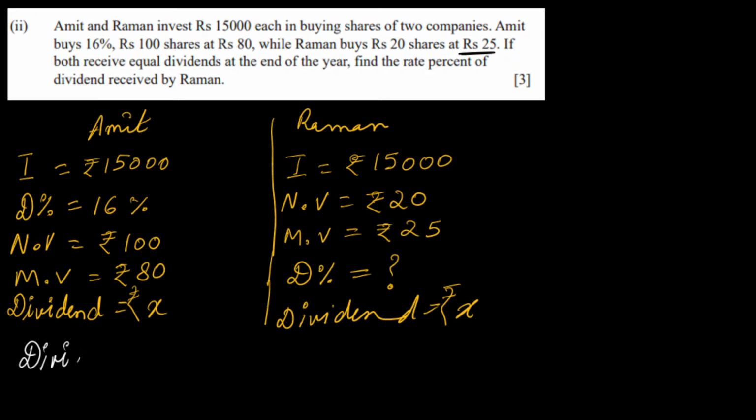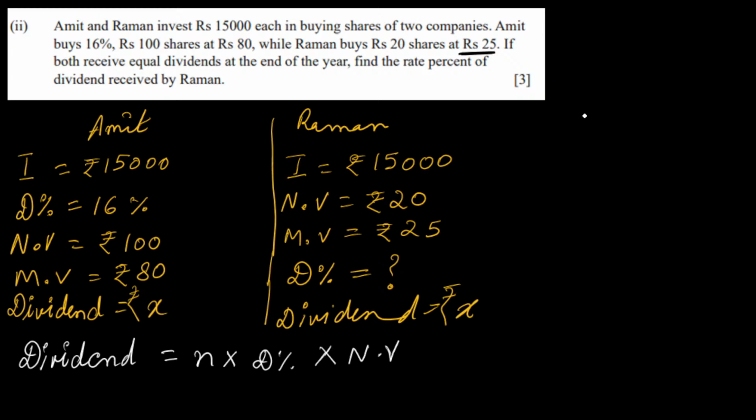Dividend or annual dividend is equal to number of shares into dividend percent into nominal value. So it's correct. Number of shares into dividend percent into nominal value. This is the formula for dividend.